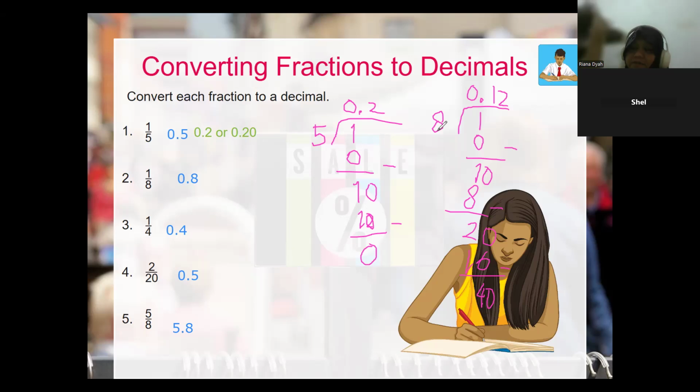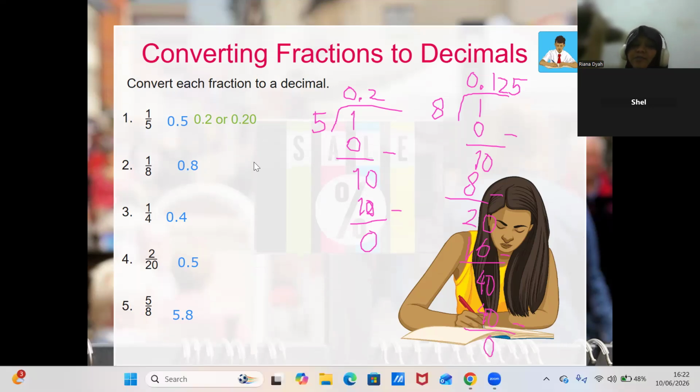Five. Very good. So 40 minus 40 is 0. So it's 0.125. Let's check. This is the answer.